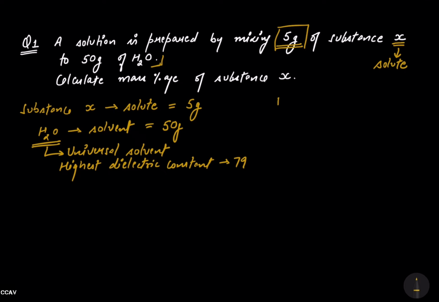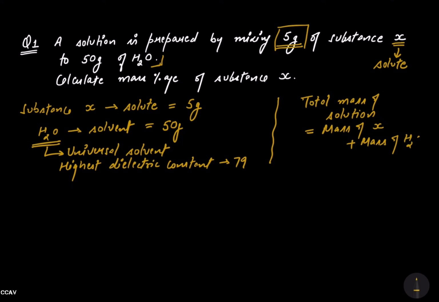Now, let us first calculate the total mass of the solution. Total mass of solution will be equal to the mass of substance X plus the mass of water. Mass of substance X is 5 grams, the mass of water is 50 grams, and the mass of solution comes out to be 55 grams.